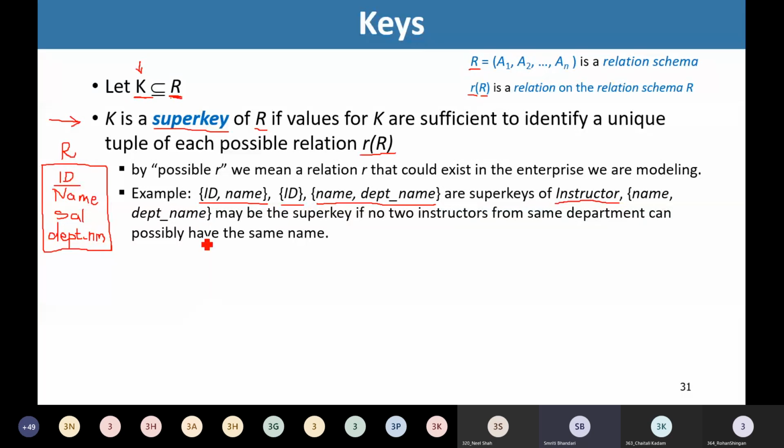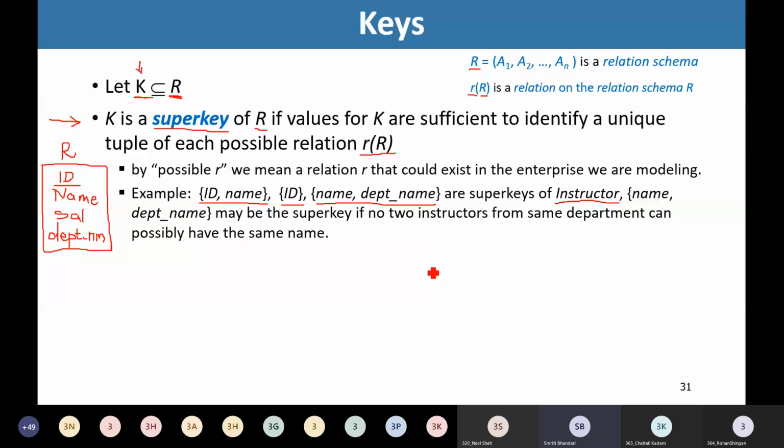If I consider name and department name as the set of attributes, then it is also possible for me to distinguish two instructors in my instructor relation, assuming that no two instructors belonging to the same department have the same names, right? So this is how, for a particular relation, I may come up with many different super keys.